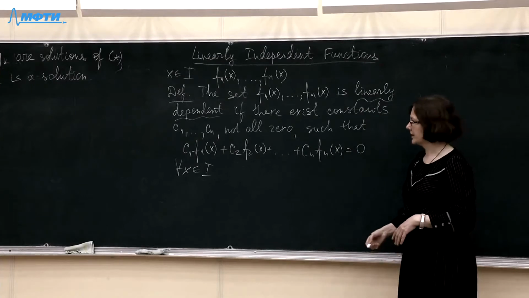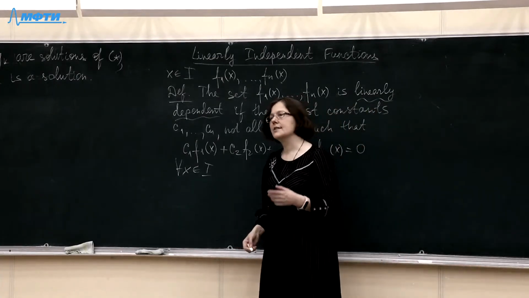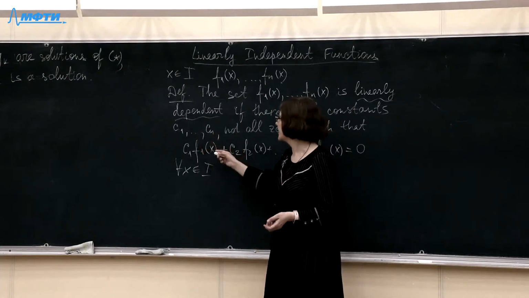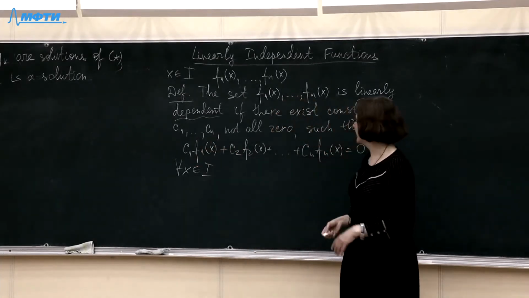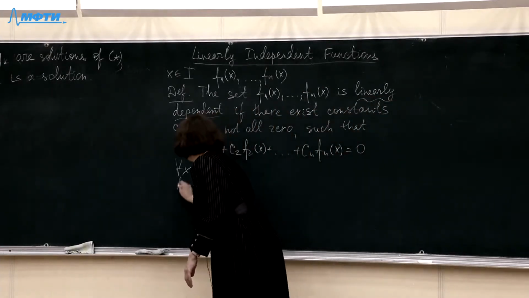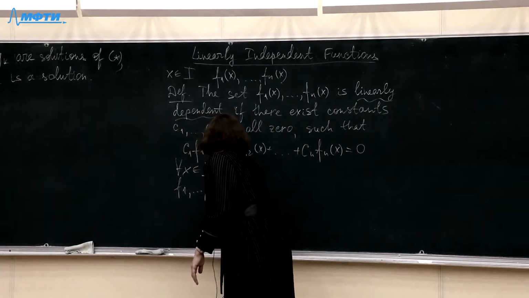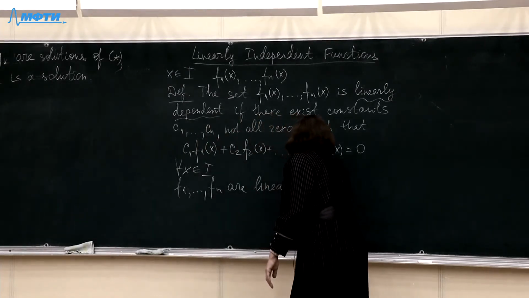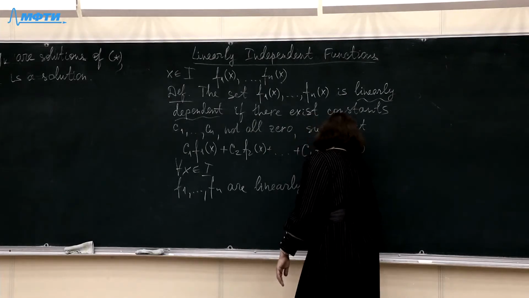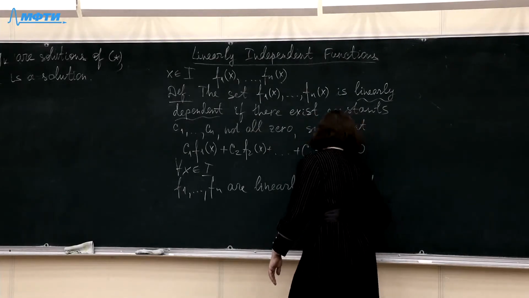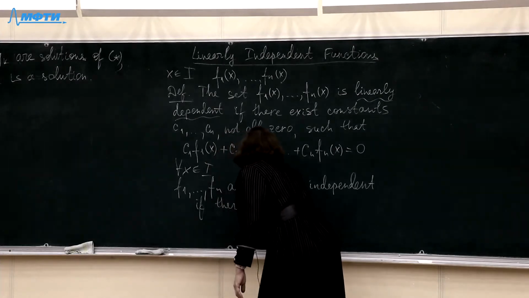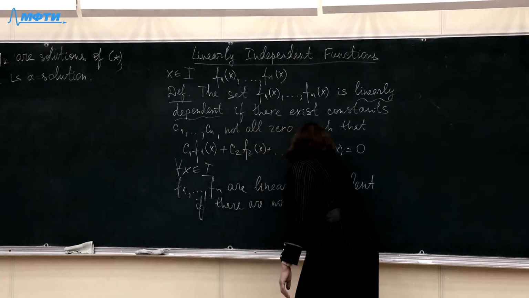Otherwise, the set of functions is linearly independent, if we can't find constants such that this linear combination is 0. So f1 through fn are linearly independent if there are no such constants.